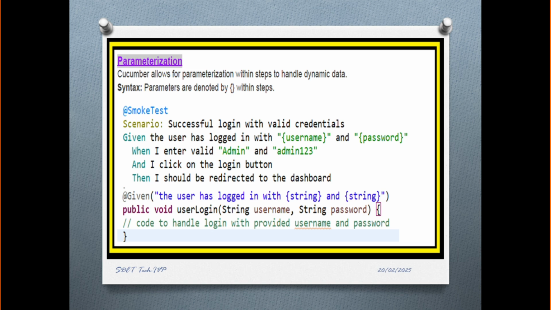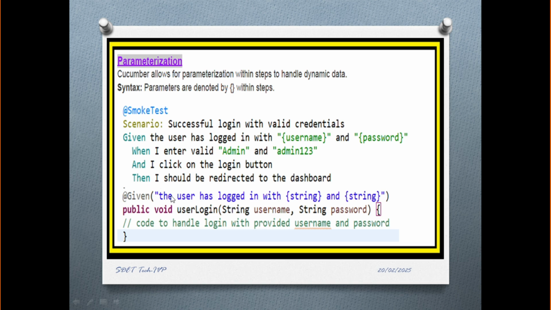What is parameterization? Cucumber allows you to parameterize within steps to handle dynamic data. The simple syntax is denoted by curly braces within the steps. See in the below example, in the smoke test I use multiple data, username and password: when I enter a valid username and password and click on the login button, then I should be redirected to the dashboard.